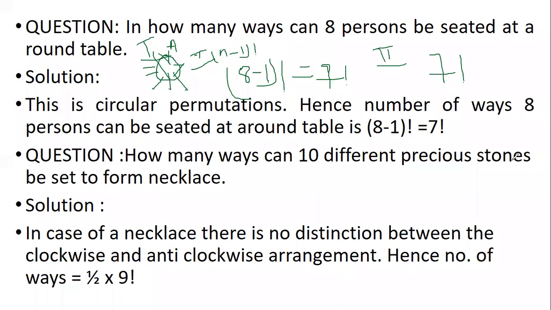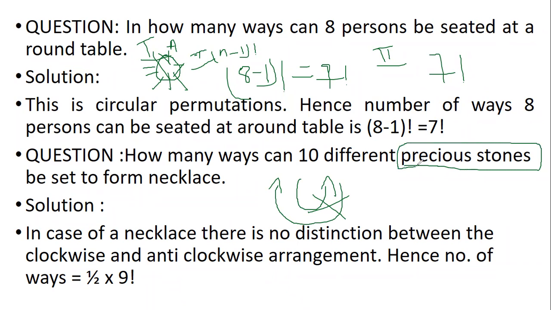Now coming to the next problem: how many ways can 10 different precious stones be arranged to make a necklace? Here, since you cannot distinguish whether it is arranged from left to right or right to left, either clockwise or anticlockwise, we cannot differentiate. Why can't we differentiate? Because they are precious stones.